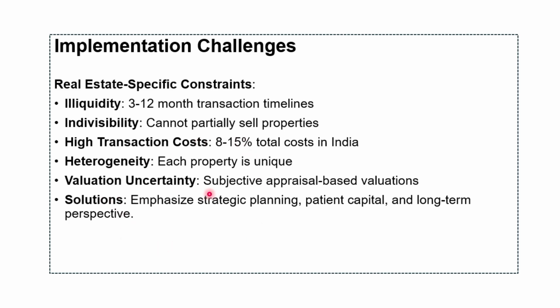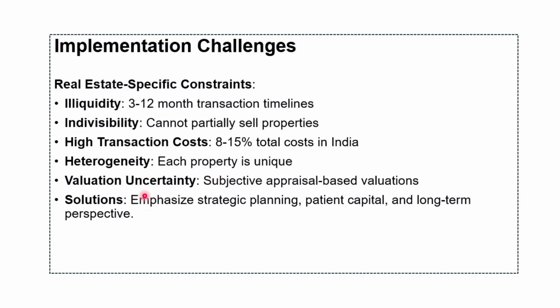And valuation uncertainty, subjective appraisal-based valuation. You may find a valuer who will value your property at, say for example, 100 crores, and if somebody else gets a valuer and wants to buy the same property, they might quote it at 50 crores.